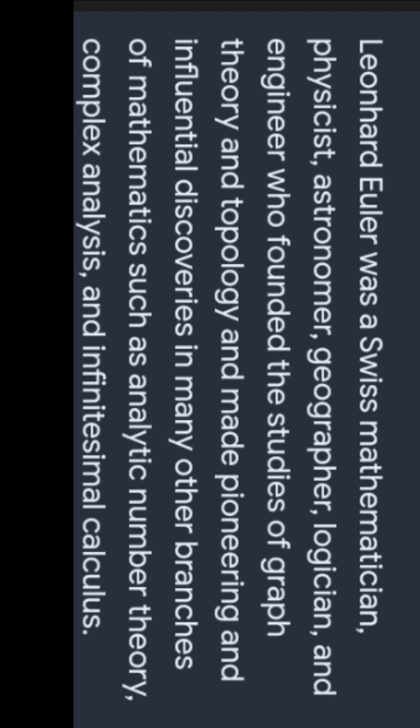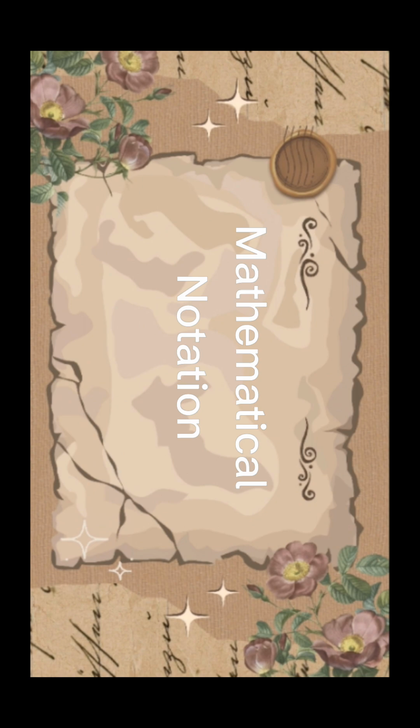Leonhard Euler was a Swiss mathematician, physicist, astronomer, geographer, logician, and engineer who founded the studies of graph theory and topology and made pioneering and influential discoveries in many other branches of mathematics such as analytic number theory, complex analysis, and infinitesimal calculus.